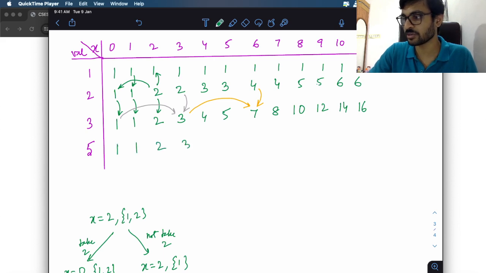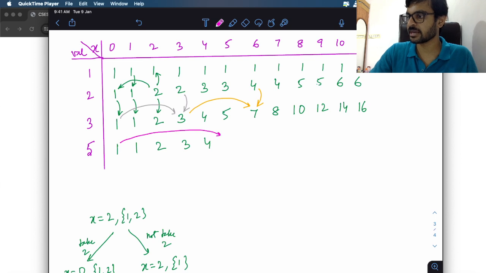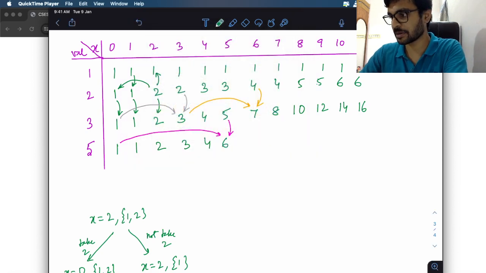So 1, 1, 2, 3, 4. And then comes 5, and 5 comes and says, hey, I can take 5, in which case the answer comes from here, or I can choose not to take 5. The answer comes from the top. 1 plus 5 gives us 6. And the process continues. 1 plus 7, 8, 2 plus 8, 10.